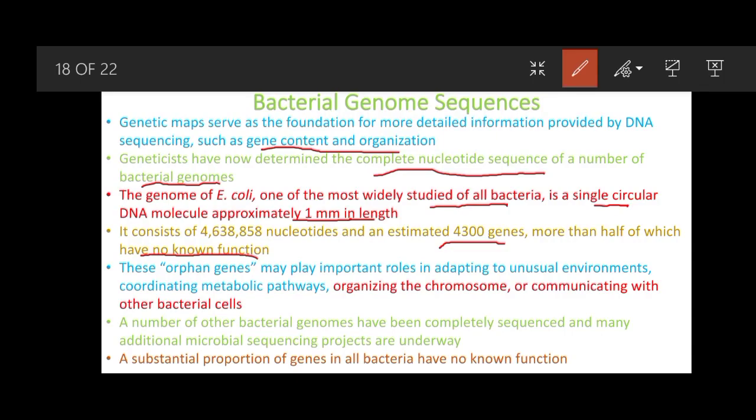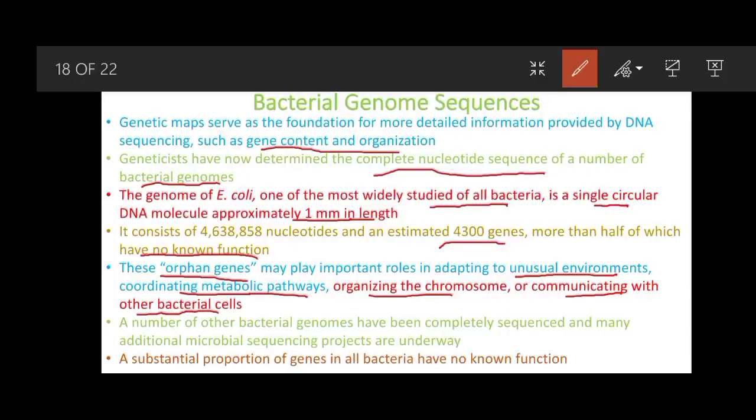So in most bacterial species, the function of most of the genes is still unknown, and these orphan genes may play important roles in adapting to unusual environments, coordinating different metabolic pathways, and in the organization of the chromosomes, or they may be involved in communicating with other bacterial cells or species.